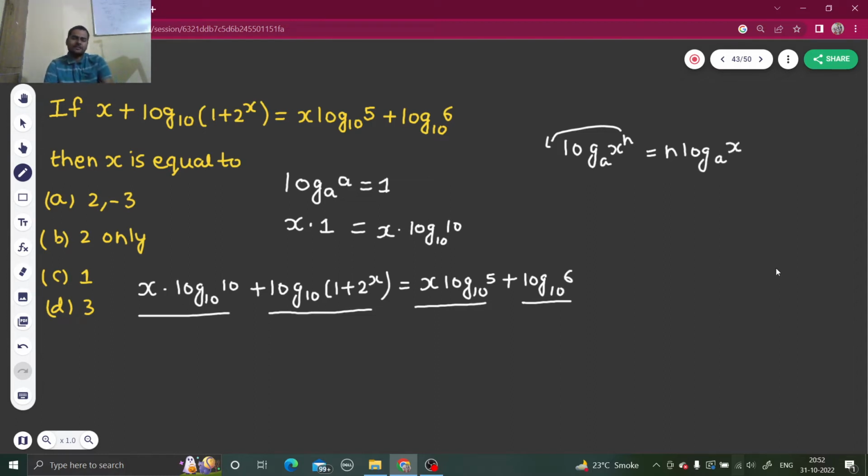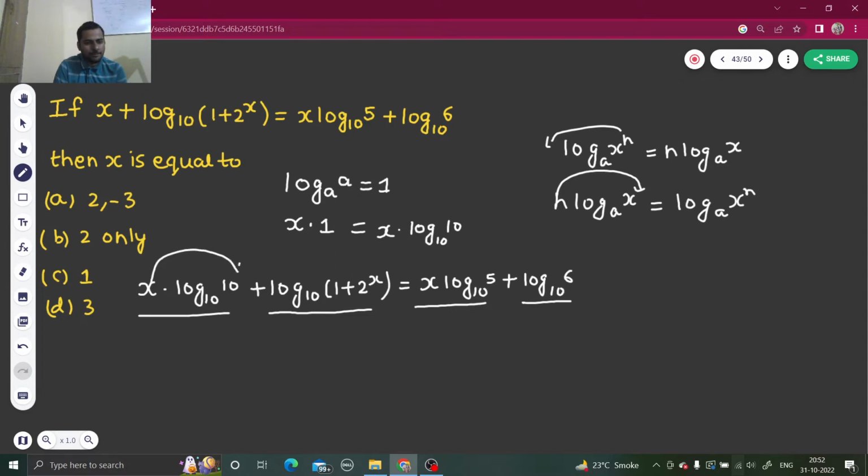And it works in the opposite way also. If we have n log x to the base a, n can jump to the power also, so you will get log x power n to the base a. Let's use that. Let's jump this x to the power. Let's jump this x to the power.